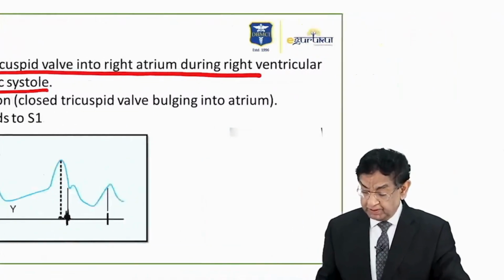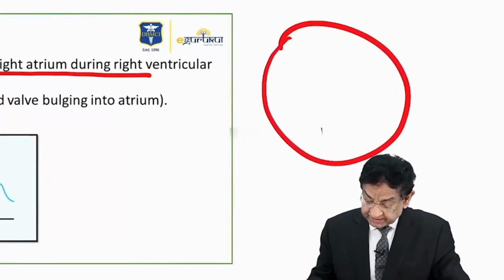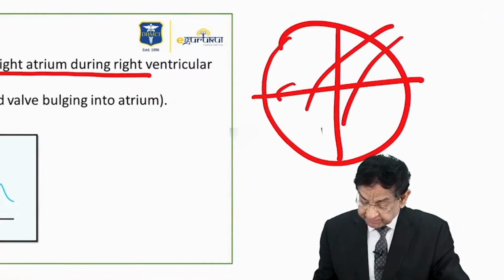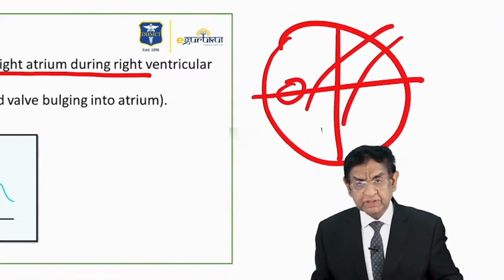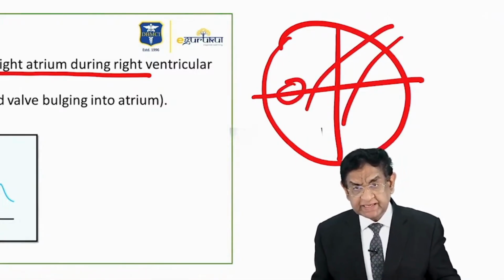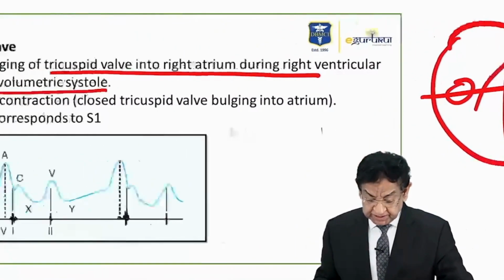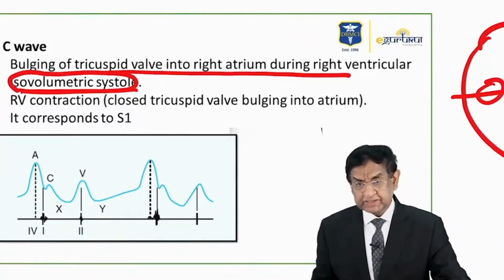Before I go, let me tell you a little bit more about the cardiac cycle and the tricuspid valve. We all know very well that before the ventricle actually has systole, we have a so-called isovolumetric systolic period. What is that period?